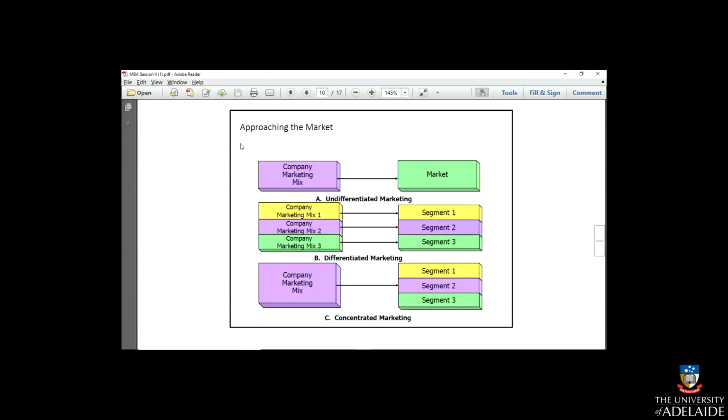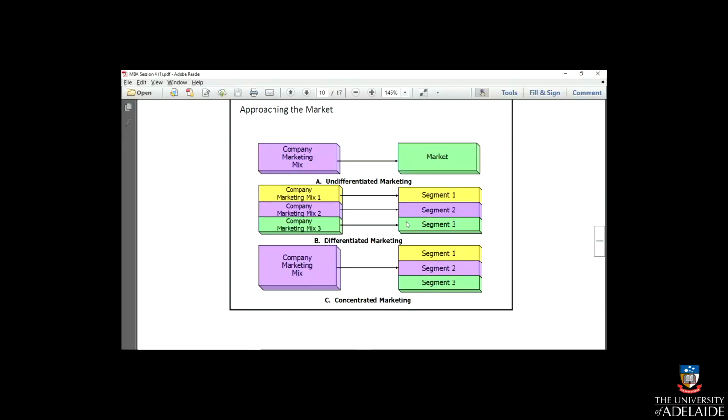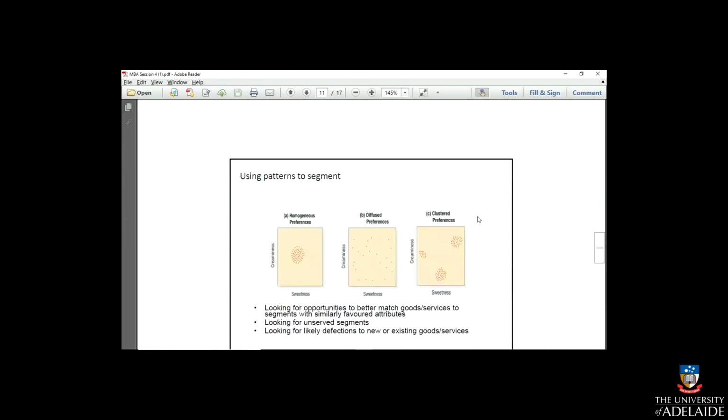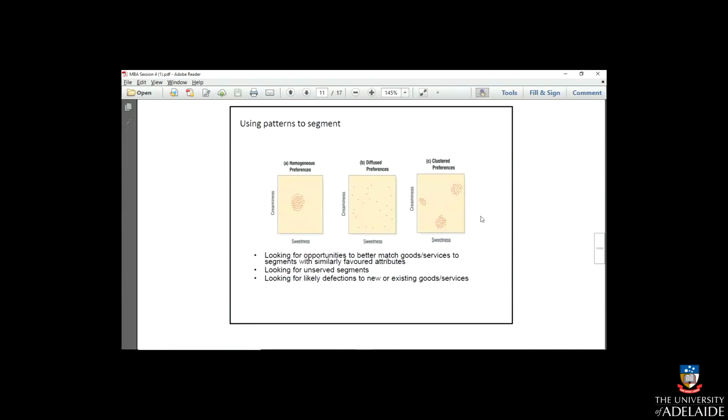And it is worth just talking about this, that naturally all I ever do is I teach and show people how to do a two-dimensional perceptual map.